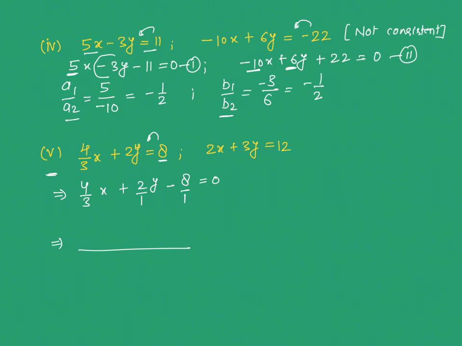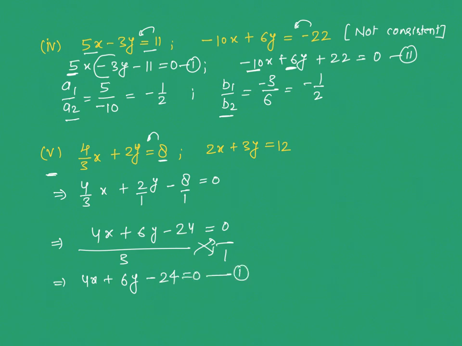And when you take the LCM of this, it will be 3, because 3, 1, 1, LCM is 3. 3 1 is 3, 4x plus 1 3 is 3, 6y, 2 3 is 6, and minus 1 3 is 3, 8 3 is 24 equals 0. Same cross multiplication method. So this equation will become 4x plus 6y minus 24 equals 0.